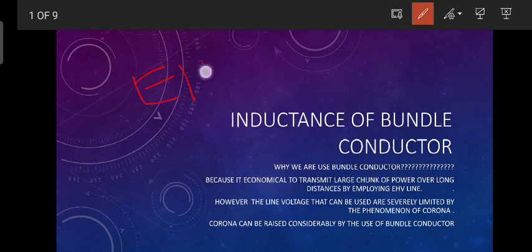However, the line voltage that can be used is severely limited by the phenomenon of corona.